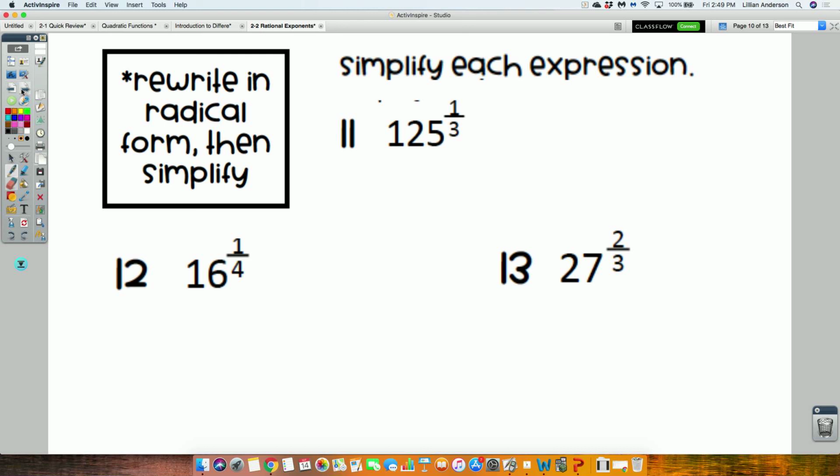My suggestion to you is to rewrite it in radical form. How would you rewrite this in radical form? The cube root of 125. From there, you can simplify. What's the answer? 5. One number times itself 3 times gives you 125, and the answer is 5.